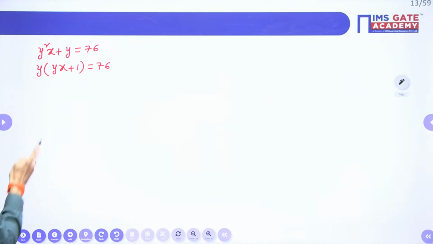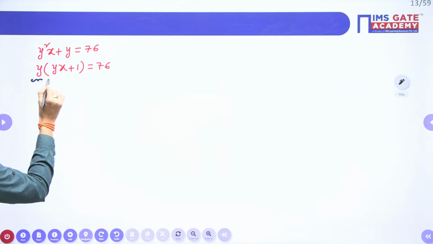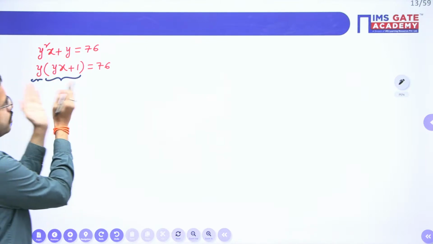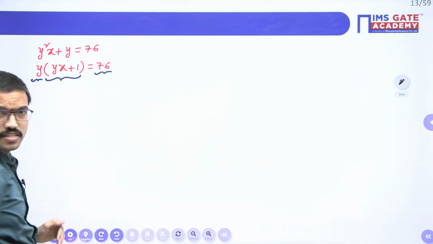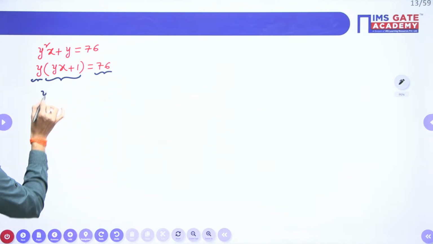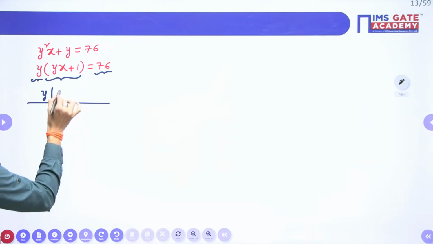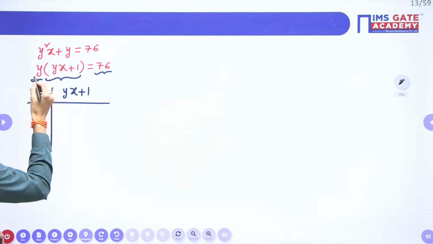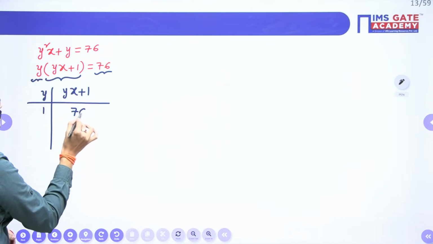Now if you carefully observe, it is just like you are having two numbers. This entire y x plus 1 you can consider as a single number, right? When you are multiplying two numbers, you are getting the resultant value as 76. So now you just write factors of 76, simple. The first column I am considering y, the second column I am considering y x plus 1. When you consider y value 1, multiply with 76, equivalent is 76.